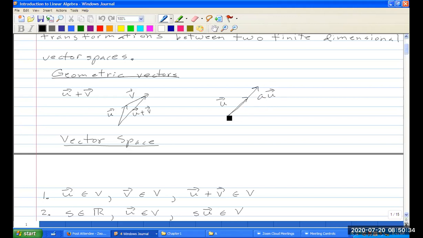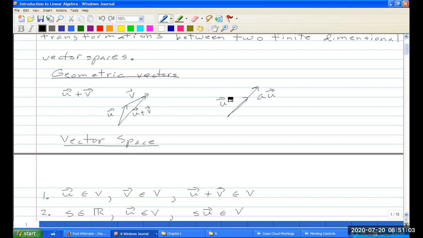Or if A is a half, or if it's -1, it'll be the same vector, but in the opposite direction. So I can get another vector in the same direction, or opposite direction if it's negative, as the original vector, with a length that is now the absolute value of a times the original length of the vector.